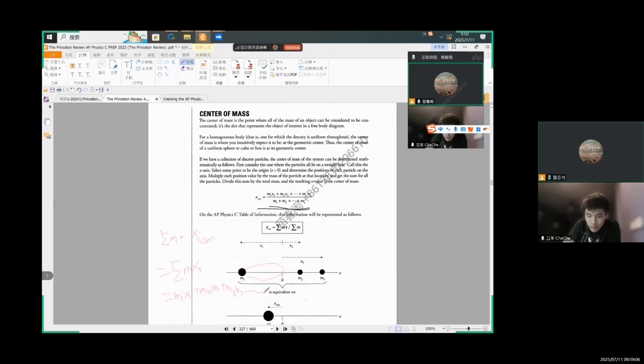Does that make sense? Yes. You can imagine the seesaw phenomenon, right? So what's left must balance what's right. And once I get this down, I might look at torque.